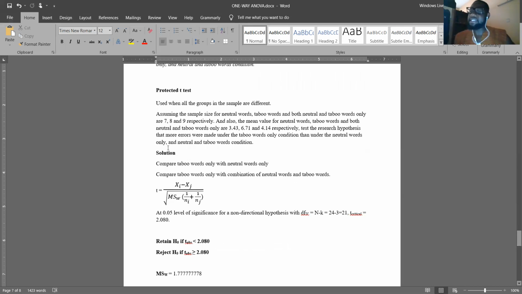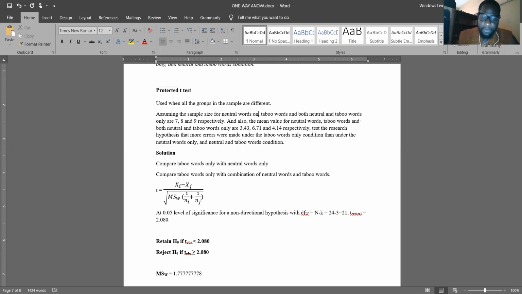So we are using the same question for the one-way ANOVA. But this time around, we are assuming that the sample size for neutral words is 7, for taboo words only is 8, and for participants in both nature of words is 9. So we are assuming that this is our sample size for the three groups, 7, 8, 9.